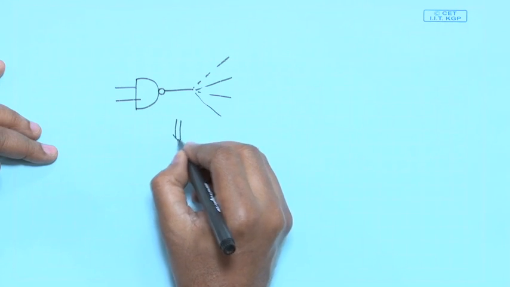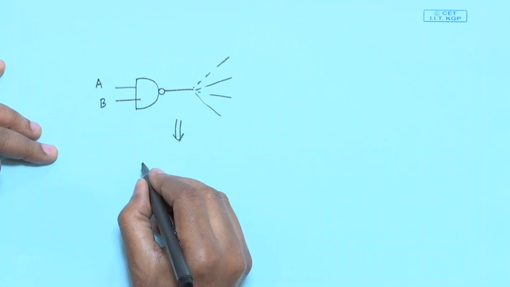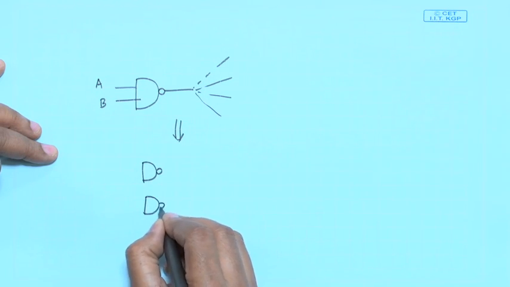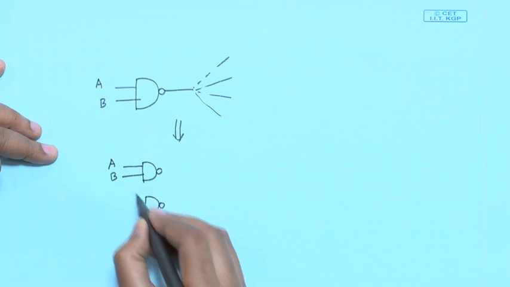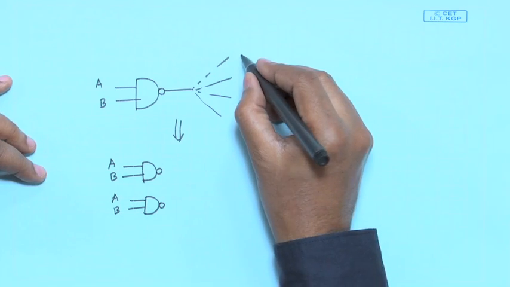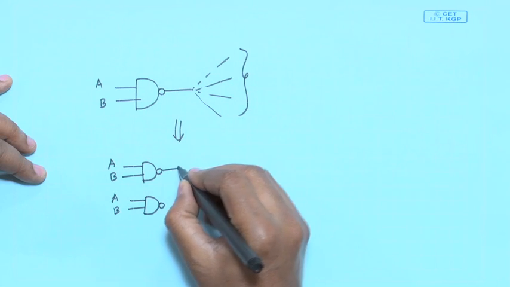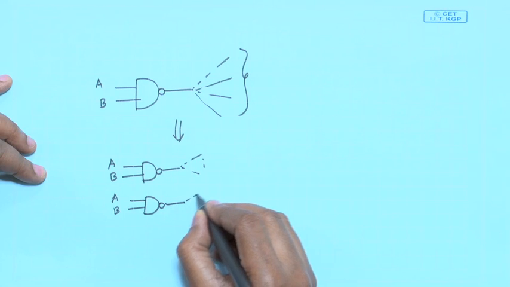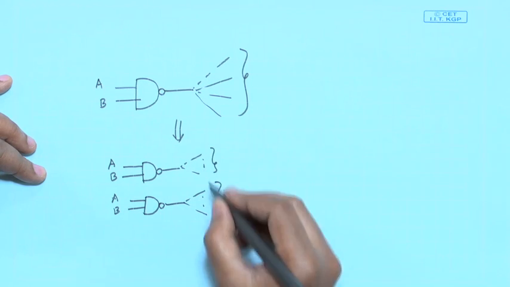By cloning, let us say the inputs are A and B, we are replicating this gate. The same gate we are replicating twice. Here the output may be going to many fan out points, but here we are sending this output to a subset and this output to the other subset. So, maybe we are splitting the outputs across these.